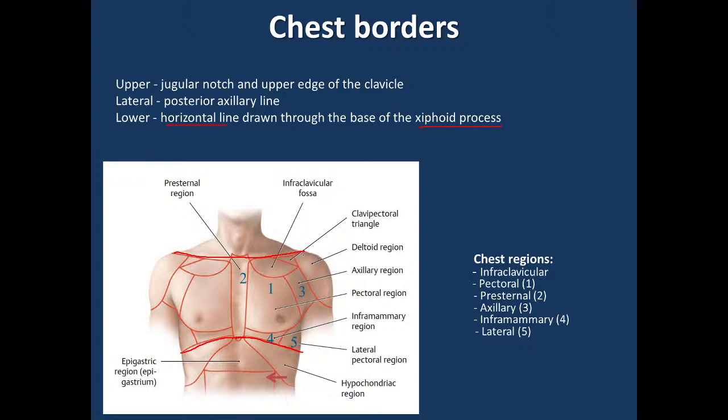This is the region, the sixth region in the chest. Infraclavicular fossa, here it is under the clavicle. This is the pectoral, presternal, axillary regions, and two lower regions, number 4, inframammary.